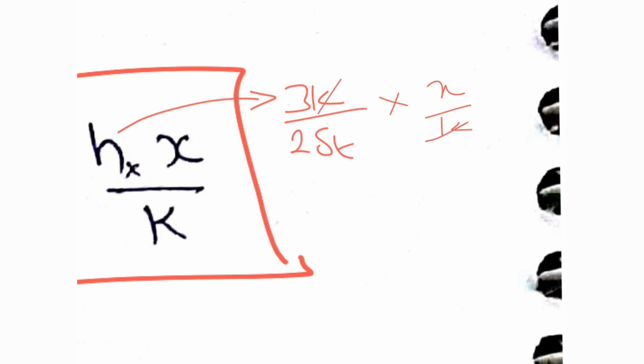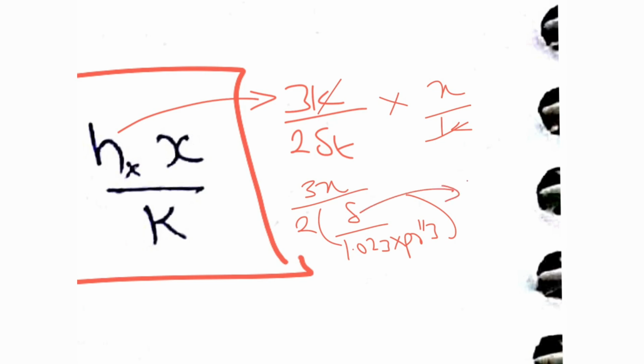K and k will get cancelled out. This again 3 by 2 into delta t. What is delta t? Delta upon 1.023 into Prandtl number whole power 1 by 3, 3k into x. Okay, and again delta is 4.64 x upon root over Rex.